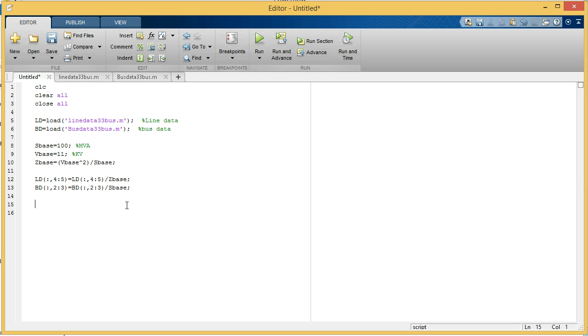Okay, now we need to define the maximum number of buses that we have in our system, and this is defined by n.